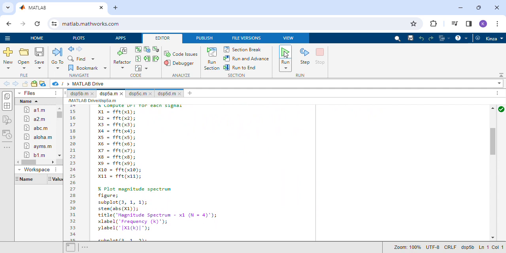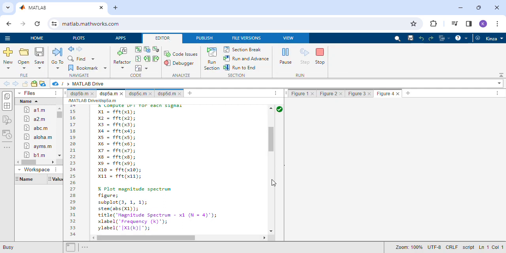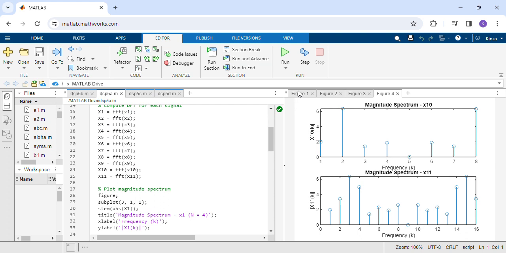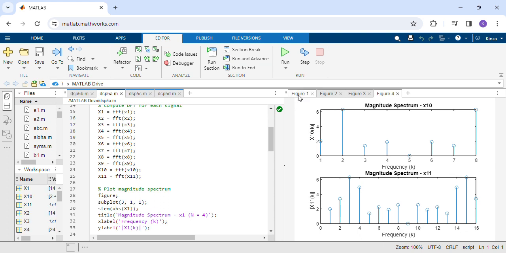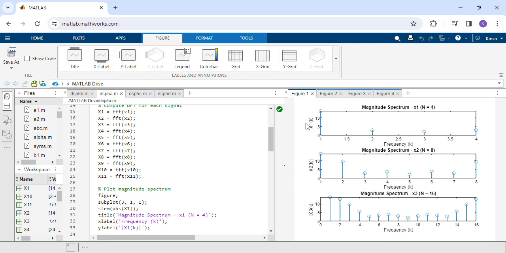So firstly, let's observe this output. The magnitude spectrum of all the signals are shown here. This is the magnitude spectrum of x1, x2, x3, and likewise.